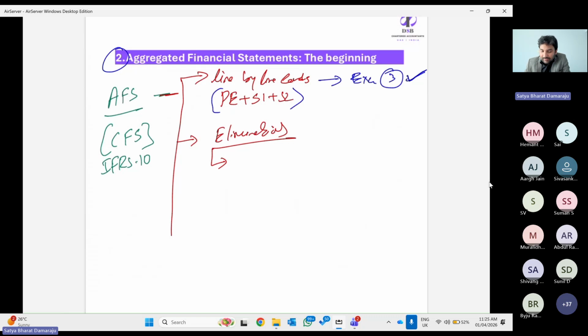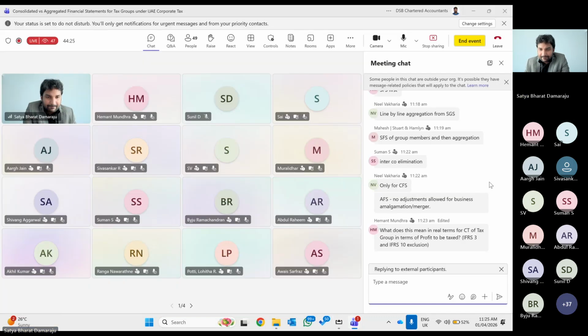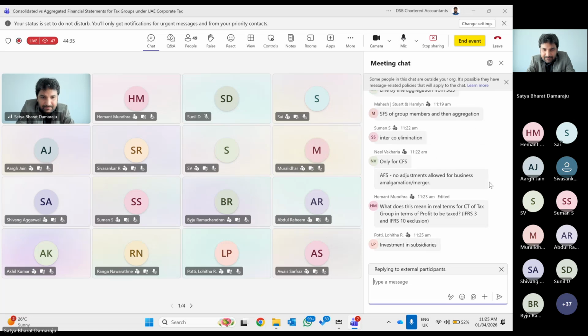Can I have some understanding? When you are preparing the CFS, what kind of transactions we will eliminate? Can I have some pointers? Investments in subsidiaries, okay.